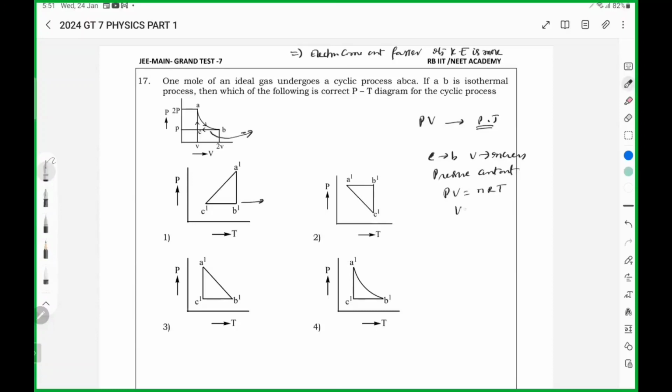So volume increases, P constant, nR constant. When volume increases, temperature also increases. So this C dash B dash says from here to here, pressure is constant, and because volume increases from V to 2V, the temperature increases.